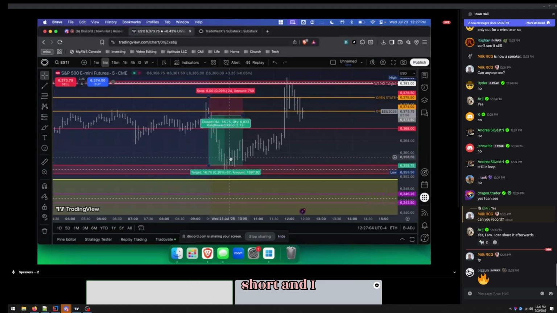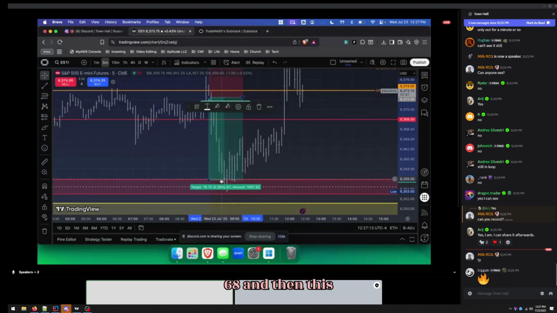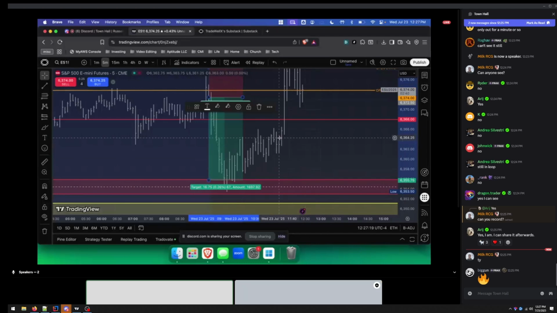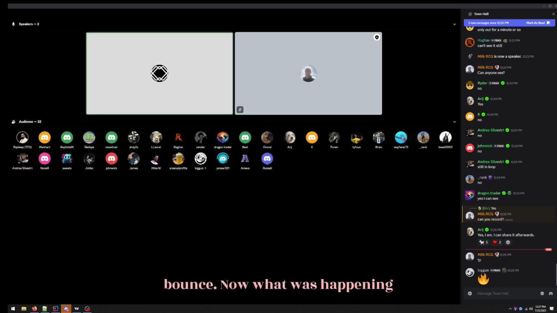And so I took this short and I scaled out at a test of vector at 68. And then this zone down here, which was actually a stack of imprints, I think on the wave 7 hourly. And then we bounced.